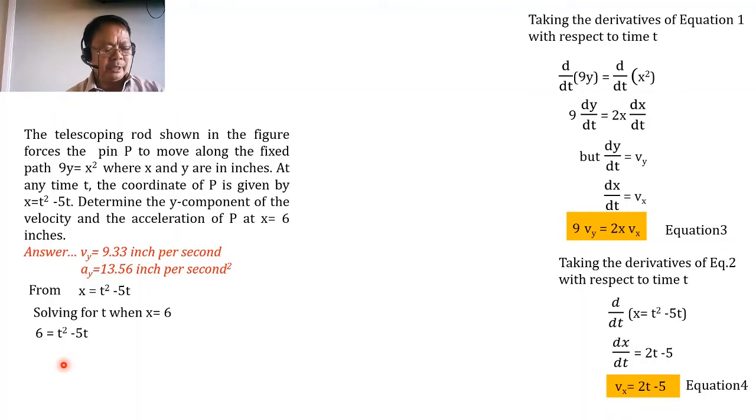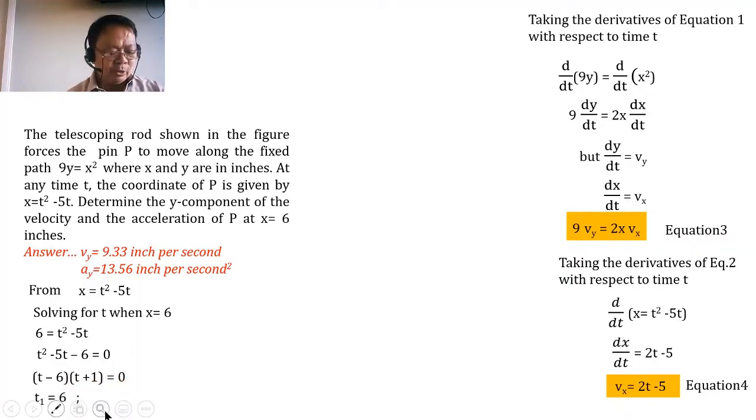And so from here, we can solve the value of t by simplifying first, that is t squared minus 5t minus 6 equal to 0, which can be solved by factoring. So that when we factor, we will have the factors t minus 6 multiplied by t plus 1 equal to 0. And so we shall have here two values of t.